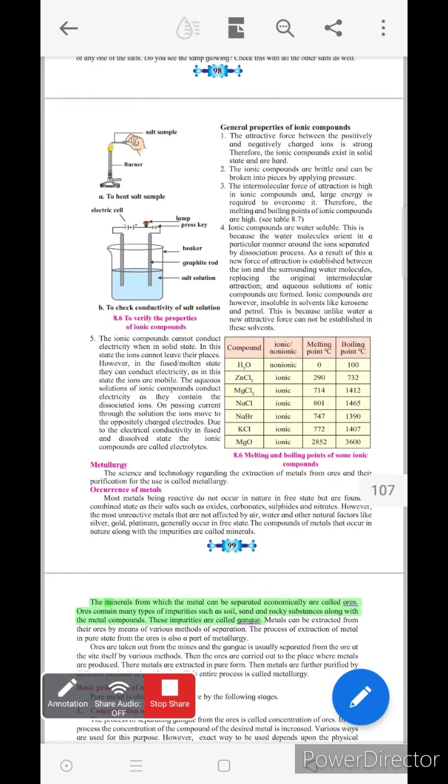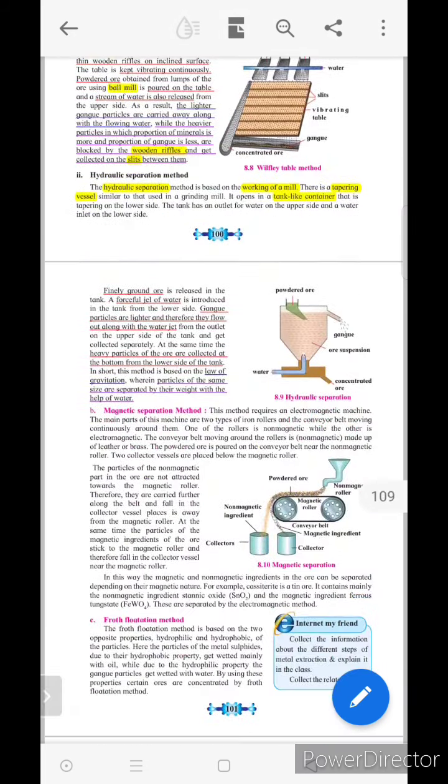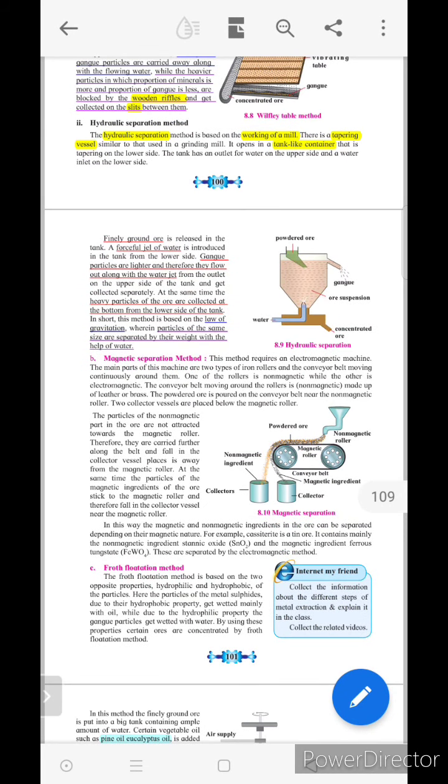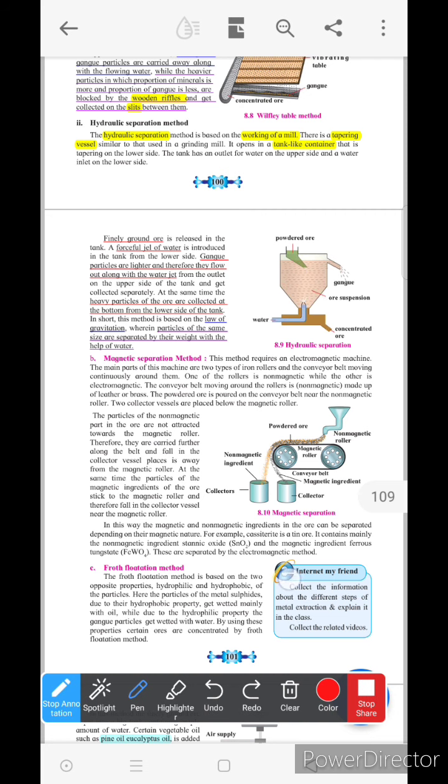Next page, page number 99, there is no reduction. Page number 100, there is also no reduction. Page number 101, the small box, 'Internet is my friend', is removed from your syllabus.